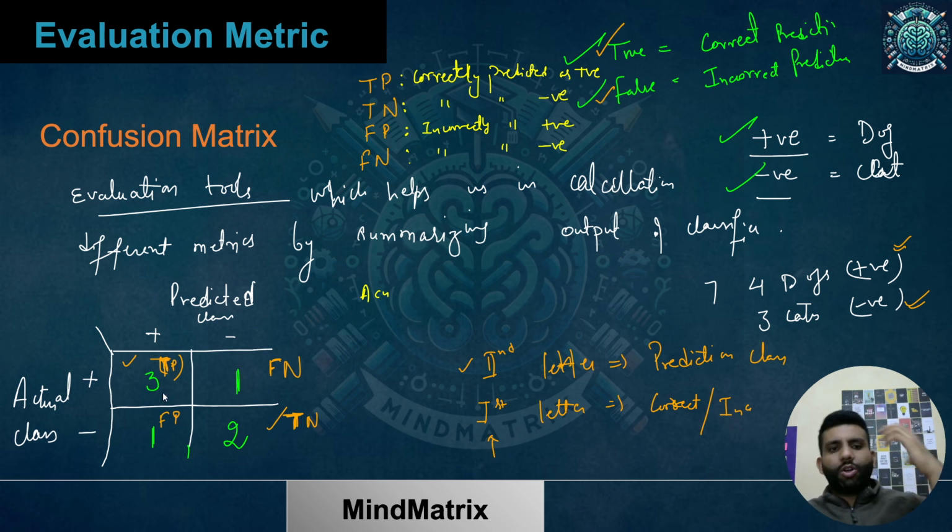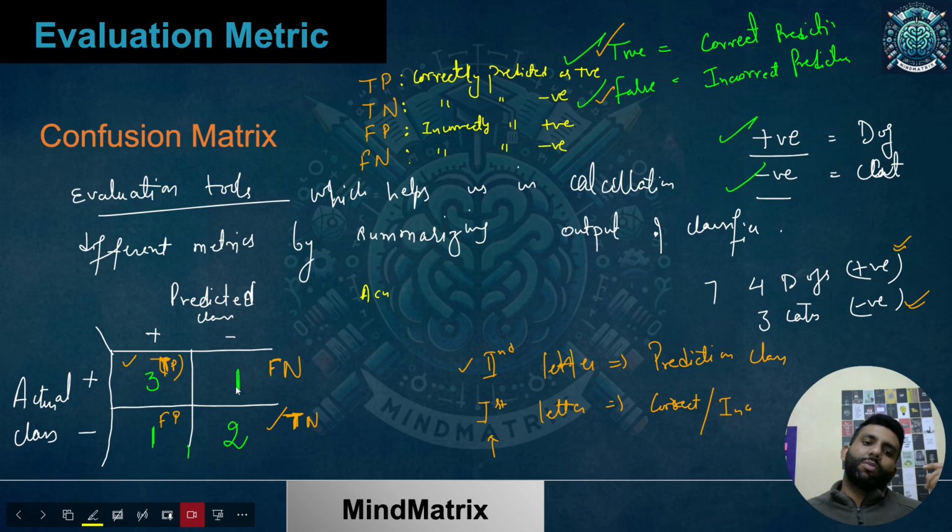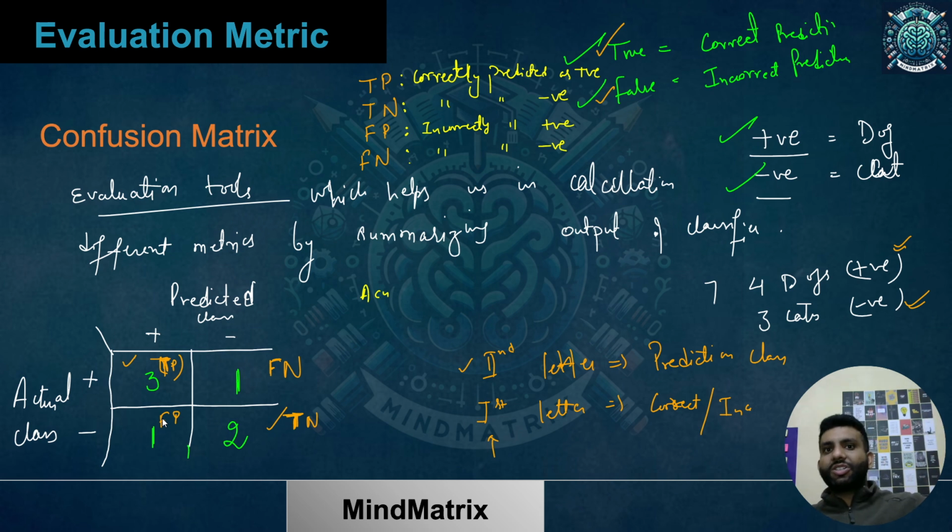For the wrong predictions, 1 for false negative and 1 for false positive. So I hope you can see that the confusion matrix captures each of the outputs for the classification, all the cases for correct prediction and wrong prediction. It captures everything.